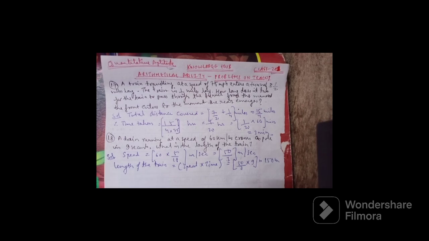Find the speed of the train. The options were 70 km per hour, 72 km per hour, 79.2 km per hour, and 80 km per hour. This is homework for you all, and you can solve it by your side. If you are not able to, you can just text me and I will provide it to you.